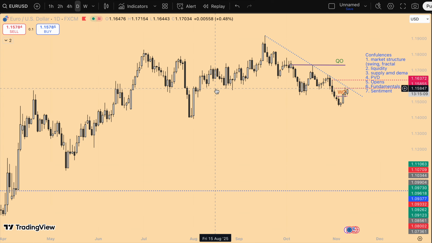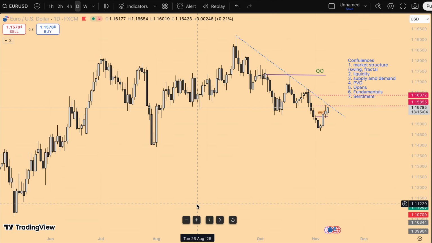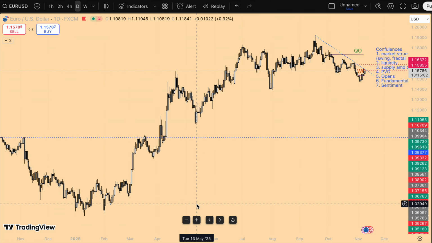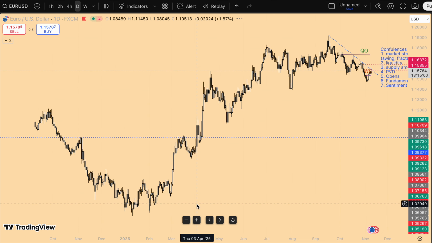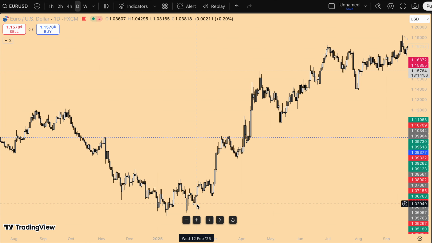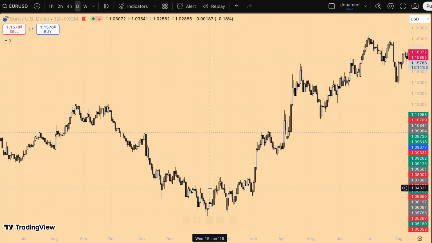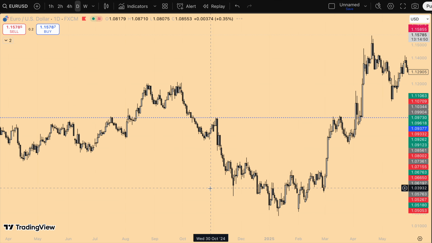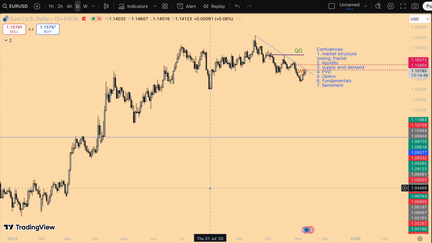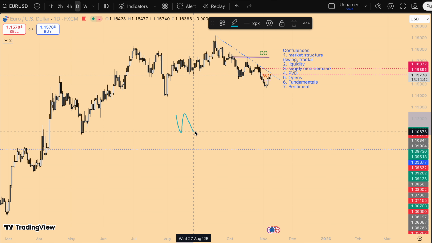We also have range liquidity. Let me see if I can find a nice range in the market. It's a bit, but not quite. Okay, let me just draw it out because of time. So range liquidity is when the market is in a range.